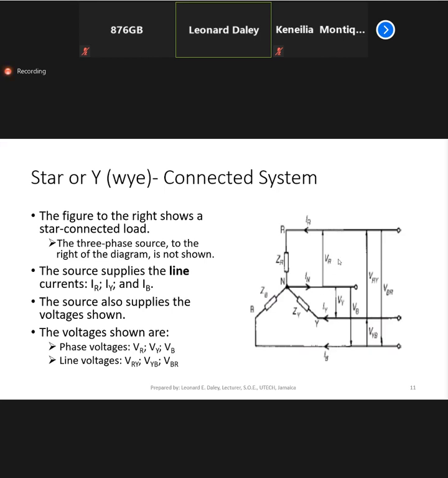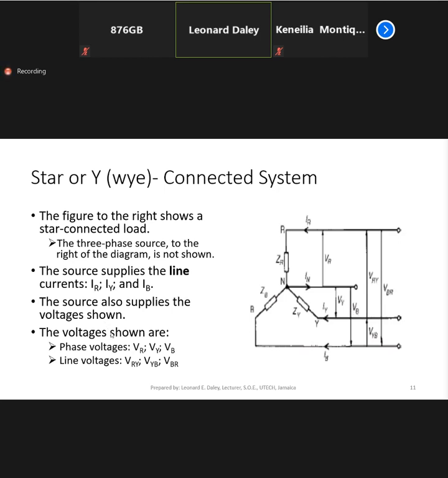So we have one phase voltage here, VR, another one between the yellow line and the neutral, VY, and another one between the blue line and the neutral, and that's called VB, right? So the phase voltages are VR, VY, and VB.